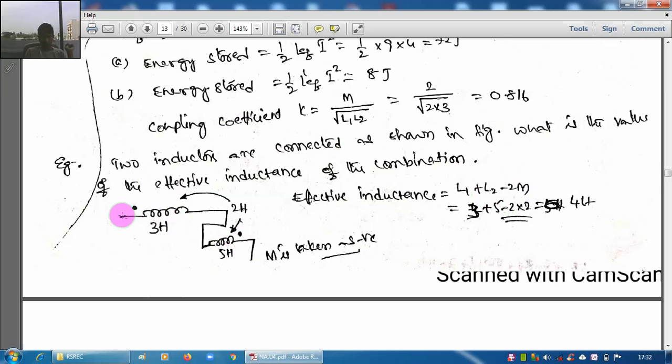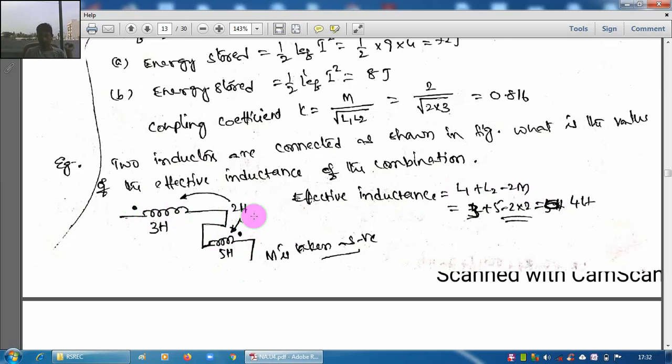If you take the current direction like this, current enters the dot of the first coil, and here current leaves the dot of the other coil. So in one coil current enters, in the other coil current leaves, therefore M will be minus here.